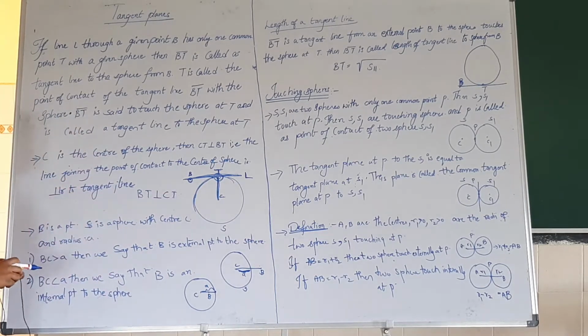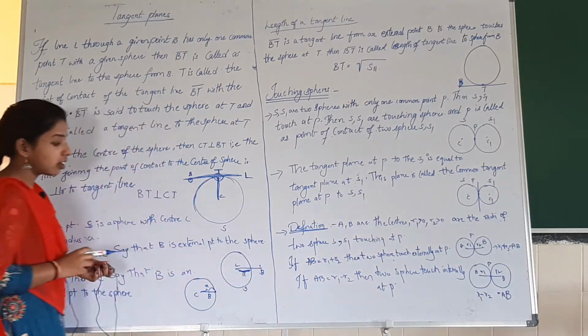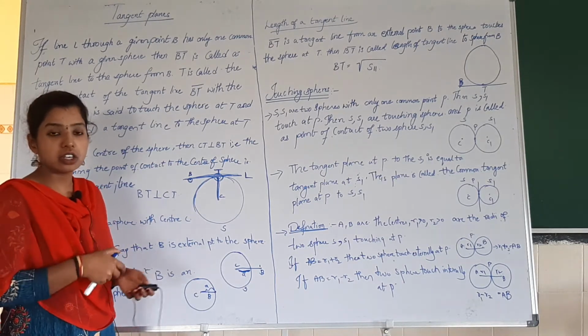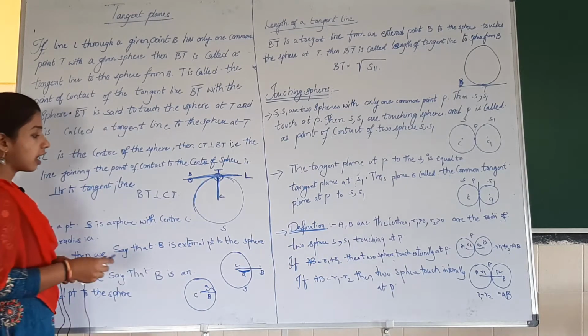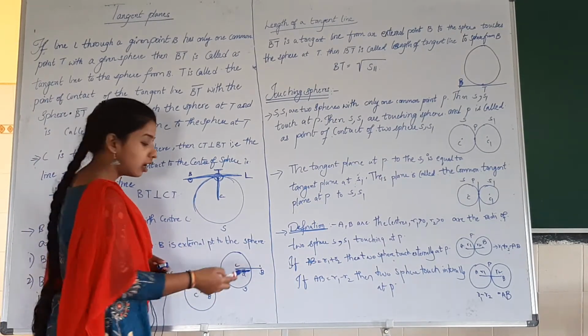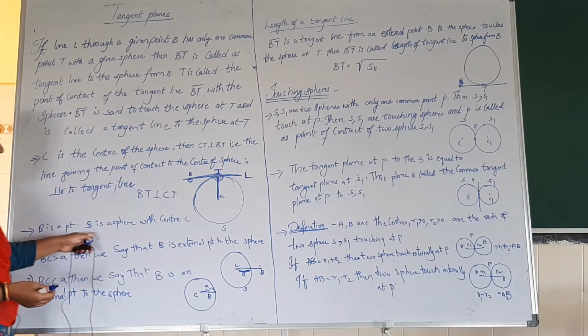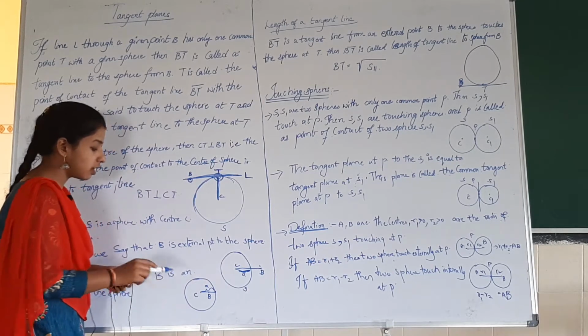The next thing is, B is a point, and we don't know whether the point lies on the sphere, or is exterior to the sphere, or is interior to the sphere. Now I will assume a point B which is exterior to the sphere, that is outside the sphere, and C is the center of the given sphere.